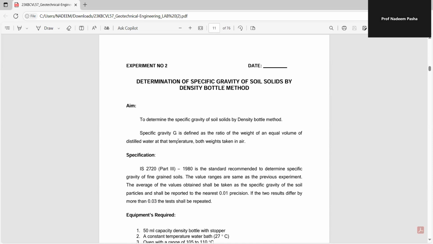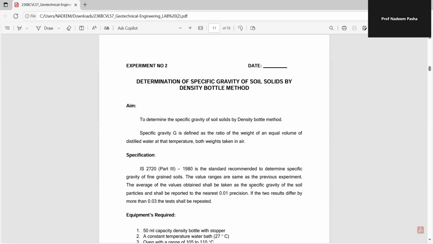So what is the specification used? IS 2720 part 3, 1980. A different specification is used for this method. IS 2720 part 3, 1980 is the standard recommendation to determine specific gravity of fine grained soil.